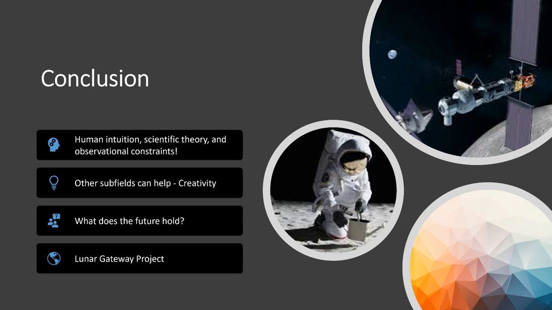There are biology, physics, chemistry, biochemistry, so many other things that can go into space exploration and benefit it, make it easier or even better for future explorers. And right now, one good example of this is the Lunar Gateway project, in which they will be setting up a space station that will be orbiting our moon.